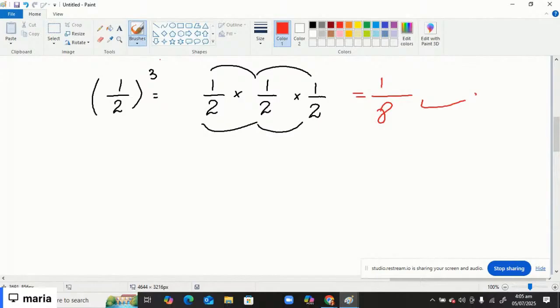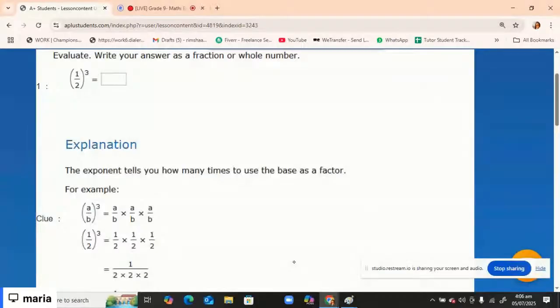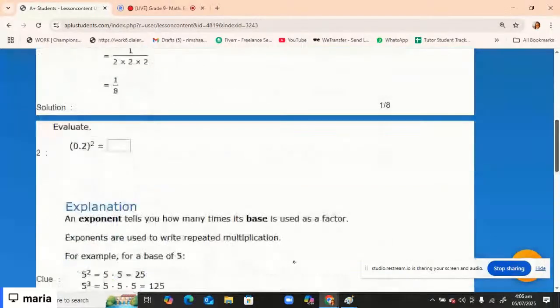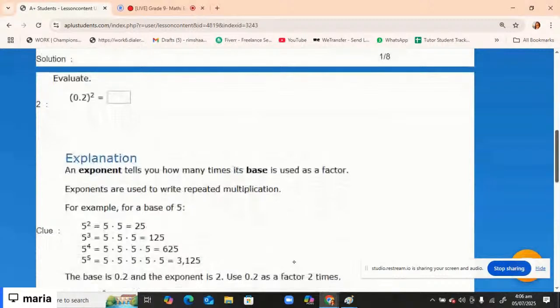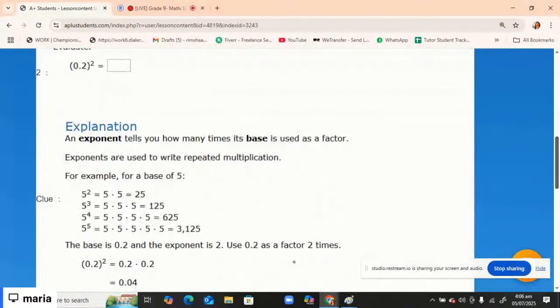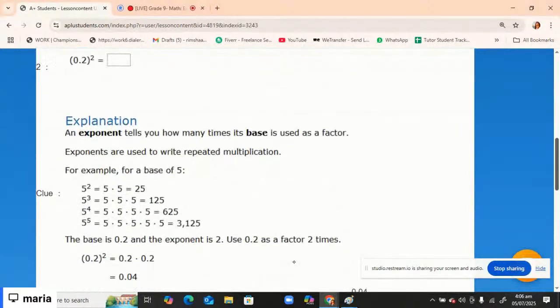This is the way that we do it. Let's suppose 0.2 to the power of 2. The exponent definition is also given here. It tells you how many times its base is used as a factor. So exponents are used to write repeated multiplication.